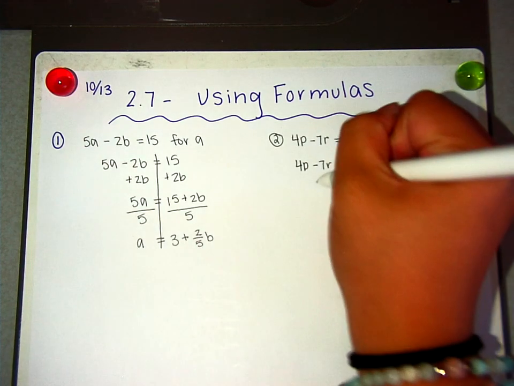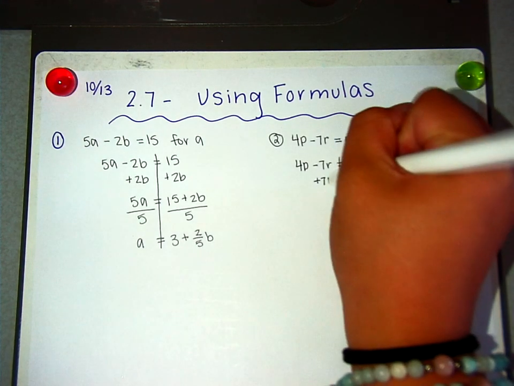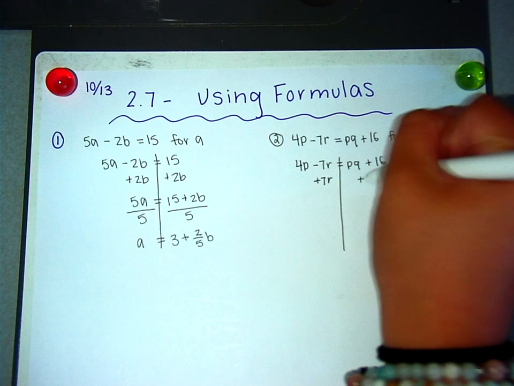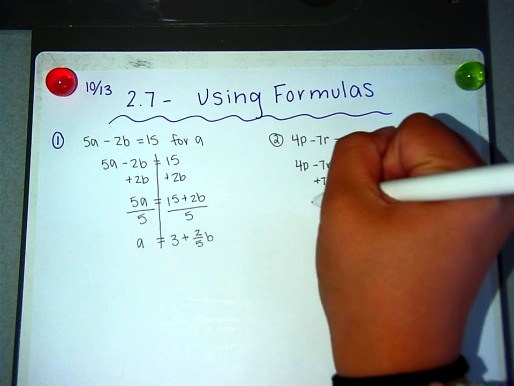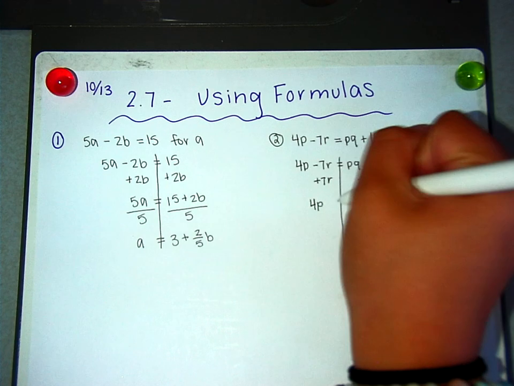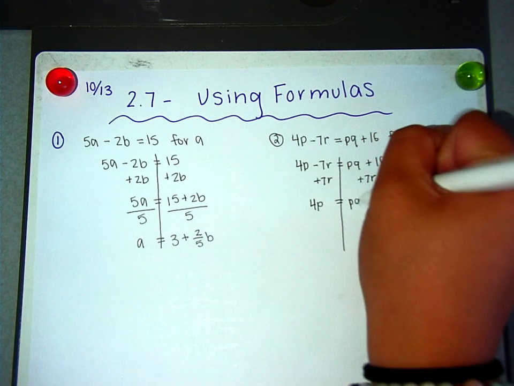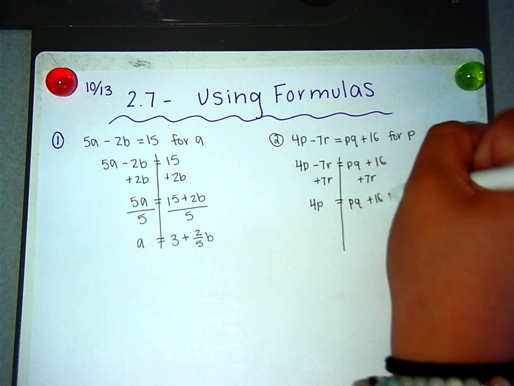We're going to start by adding 7r to both sides, which leaves us 4p on the left equals pq plus 16 plus 7r.